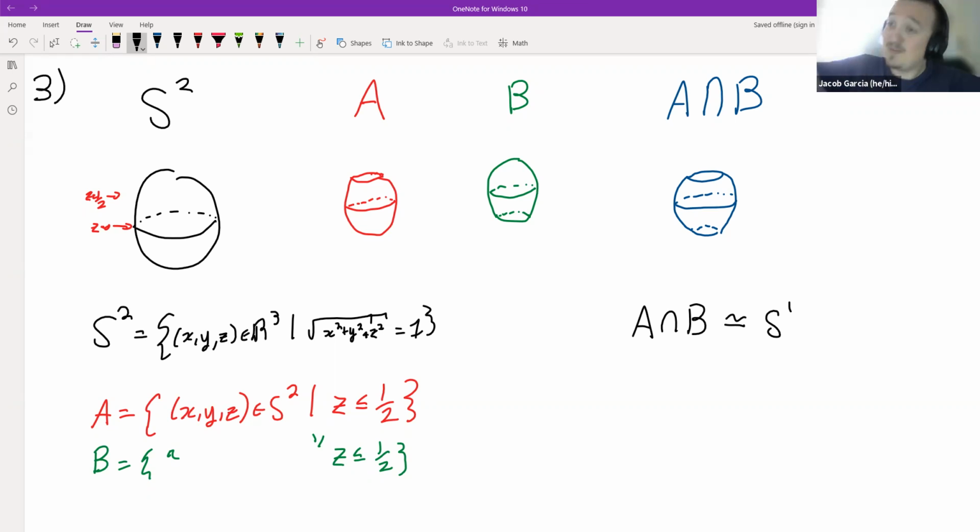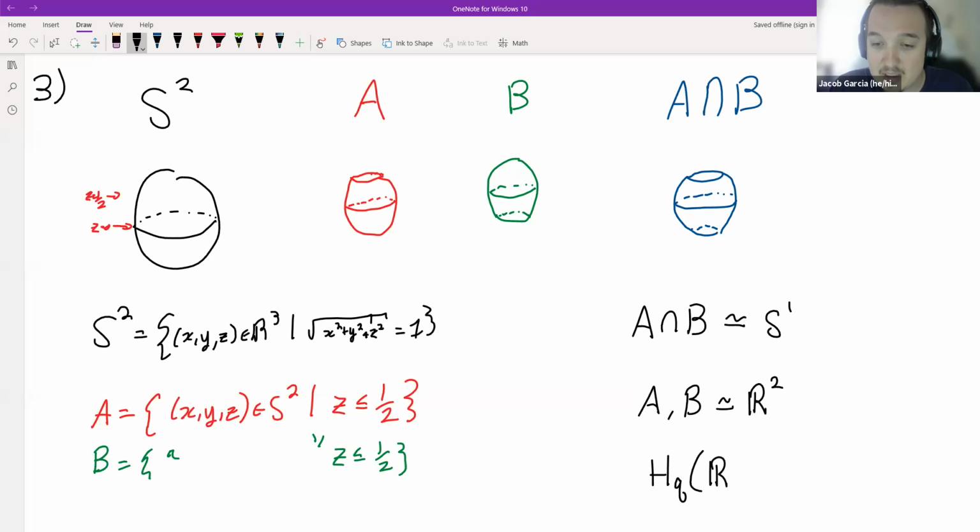And I gave you all the homology groups of circles, which is nice, but also A and B are each in the same homology class as R2. And we should know what the homology groups of R2 are, but in case you don't, they are 0 for almost all of them, and Z for the 0th homology.